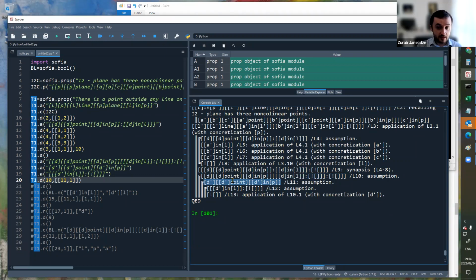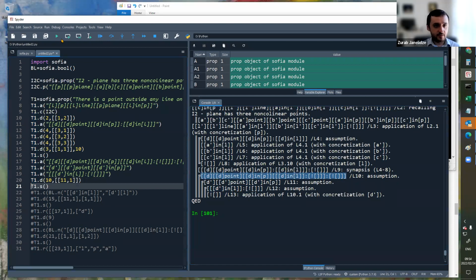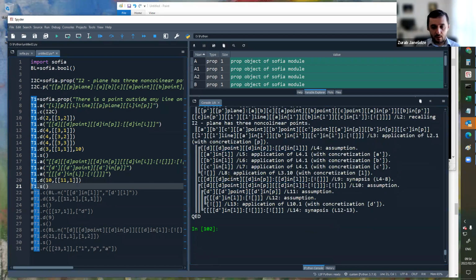The assumption was telling us that if I have a point that lies on P, and I know that the point does not lie on L, then all of that must be false. That's what we wanted to prove, but we're now assuming in line 10. Remember, we're assuming in line 10 it's false, so we can derive a contradiction from it. And then we step out from that assumption. And so we got that D prime lying on L being false is false.